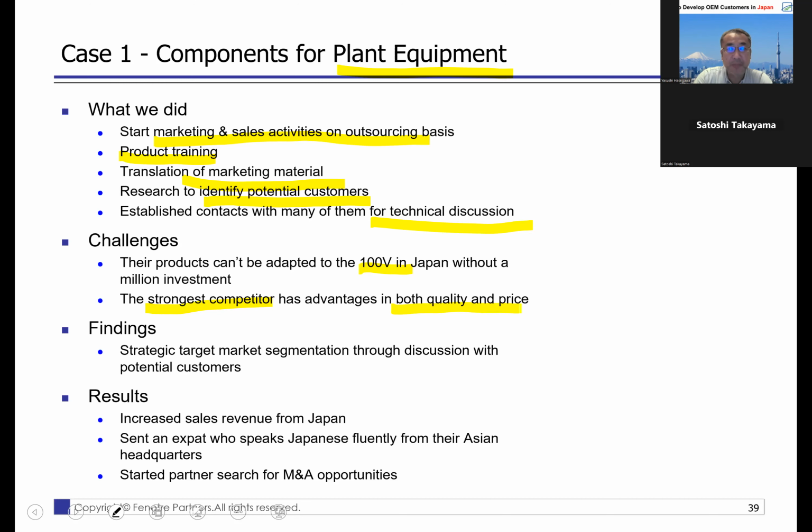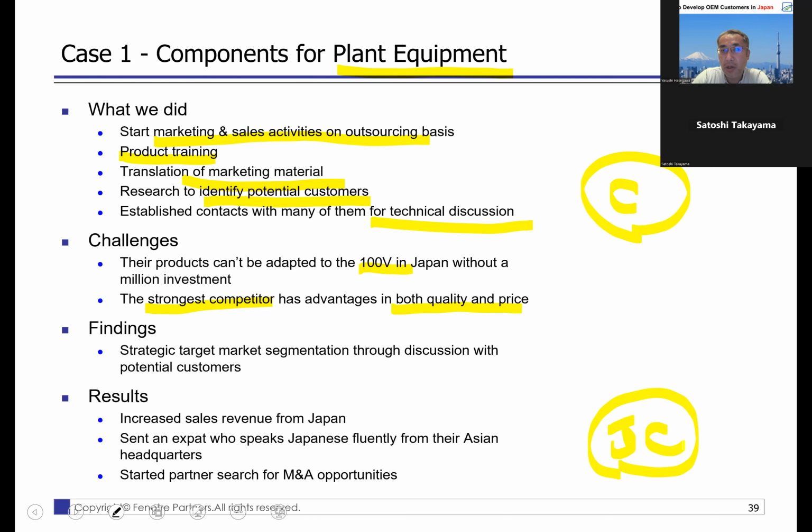However, our staff had a lot of discussion with potential customers and found a way. And this is our solution. This is our client. And this is a Japanese customer. So there's a voltage issue.